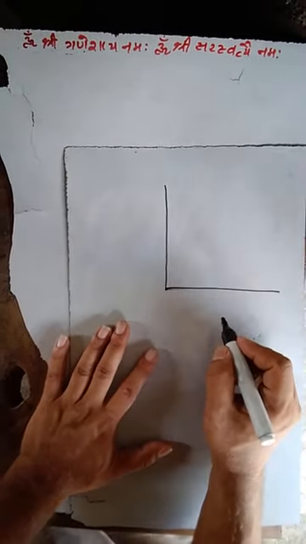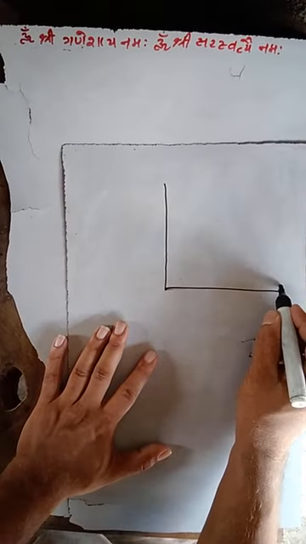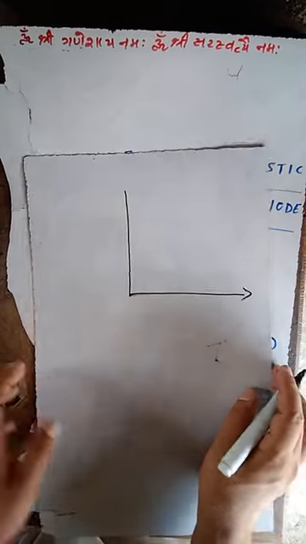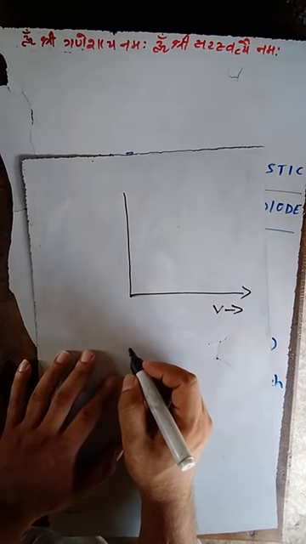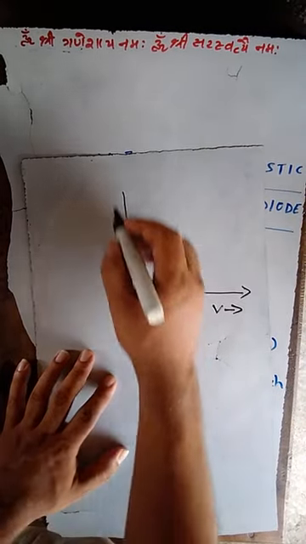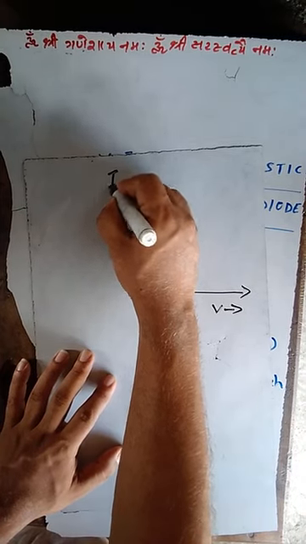This is your voltage axis, and this is your current axis.